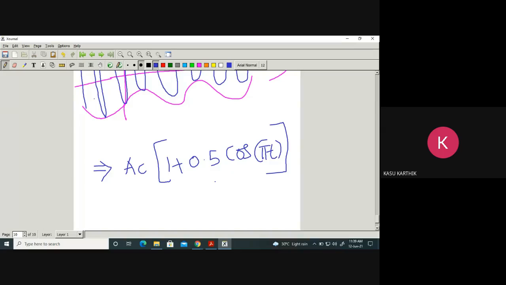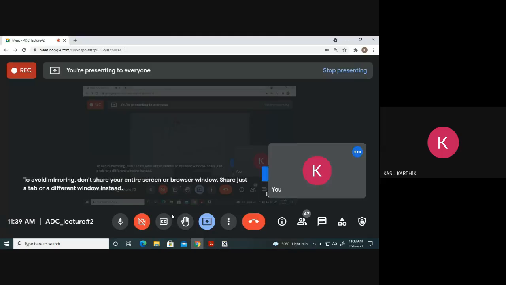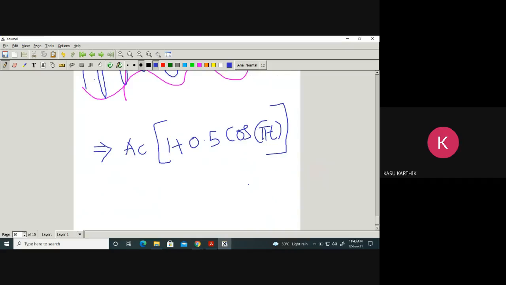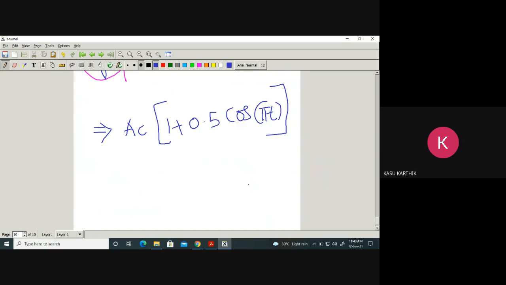Now what are the maximum and minimum values of cos pi t? One maximum, minus 1 minimum. It is always between plus 1 and minus 1.